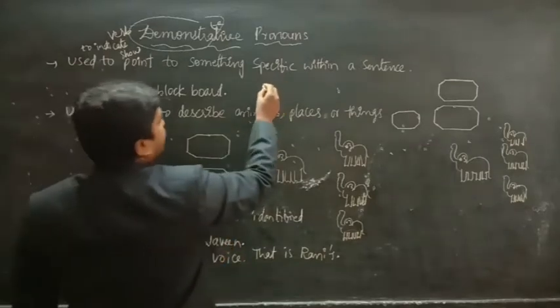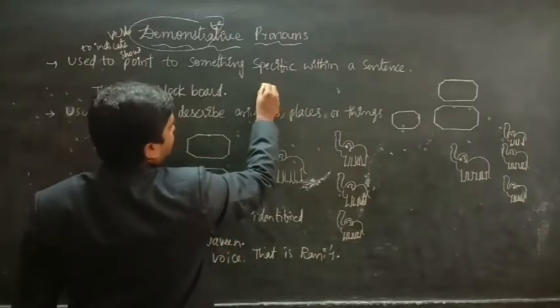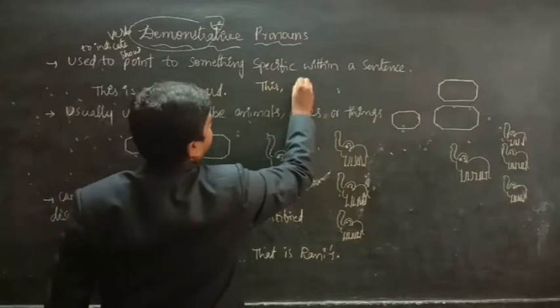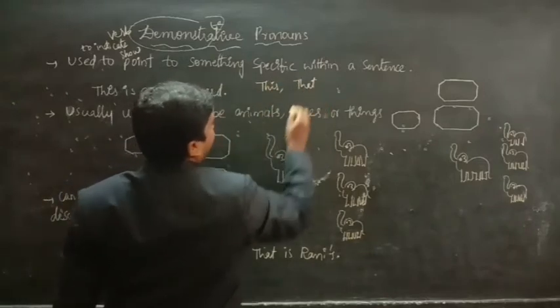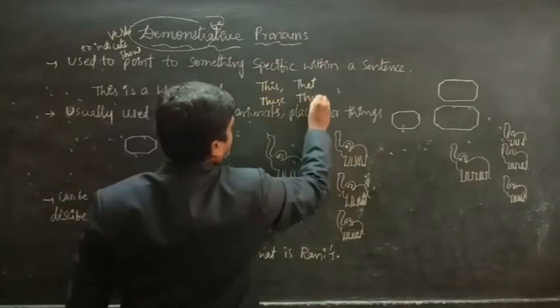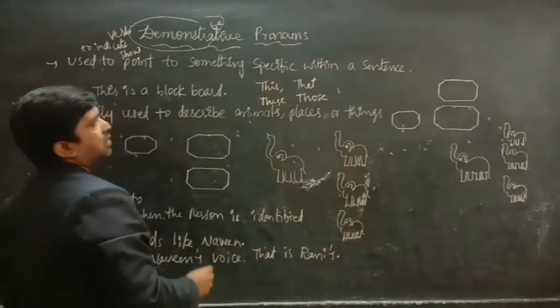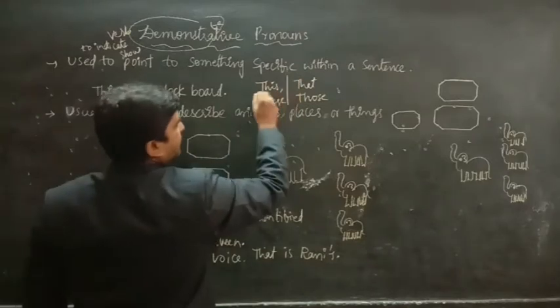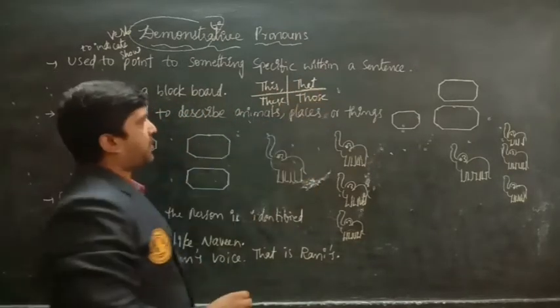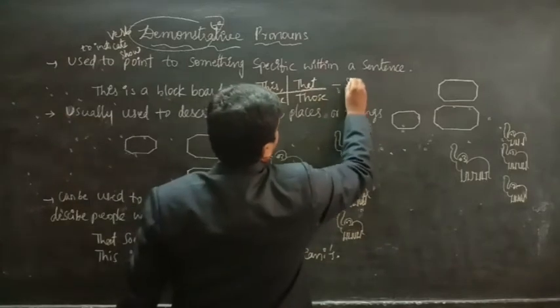And these are, just now I told you, what are they? This, that, these, those. Here see, this and that are used for singular.